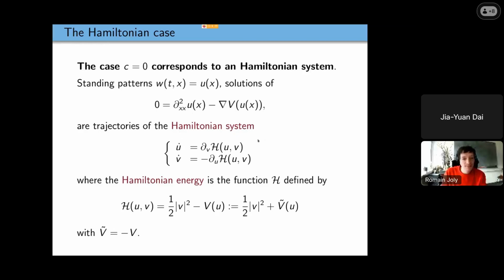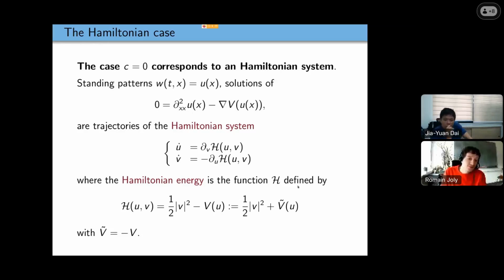You can see them as trajectories of a Hamiltonian system, because you have a Hamiltonian energy, an energy which is conserved by the flow of this ODE. And this energy is simply the classical energy, where you have 1/2 of the speed squared plus the potential energy.